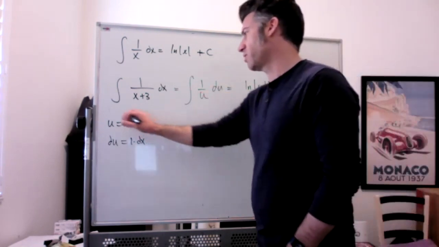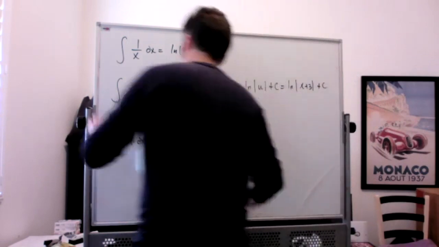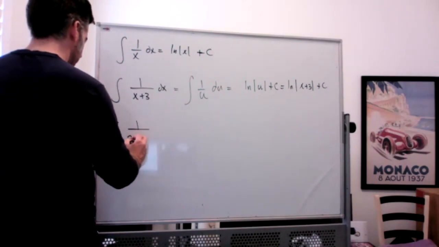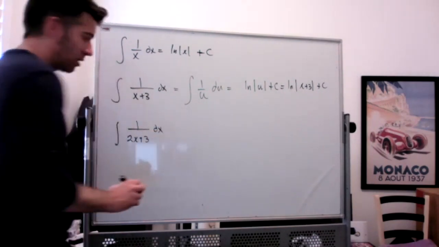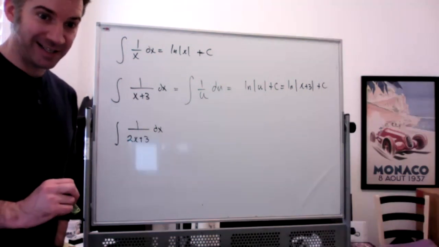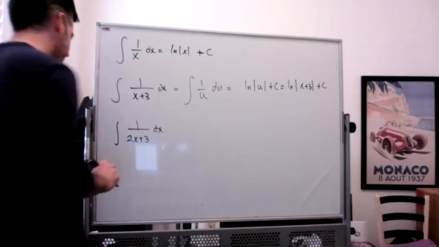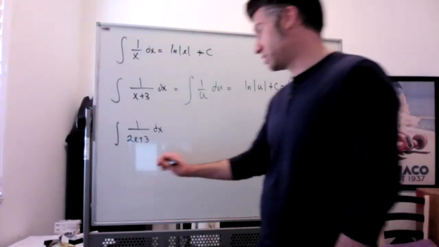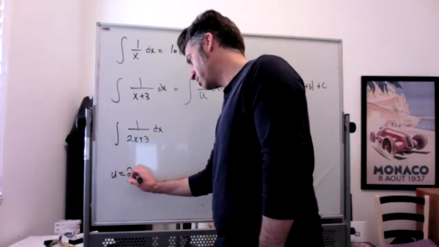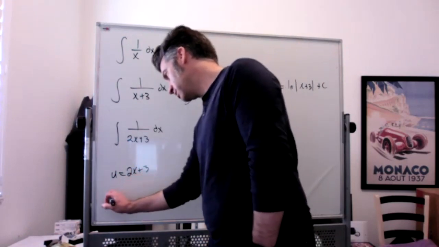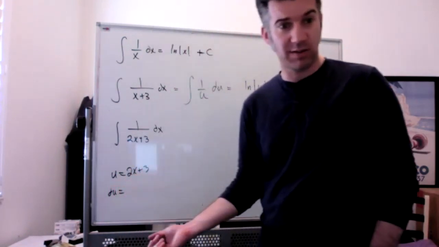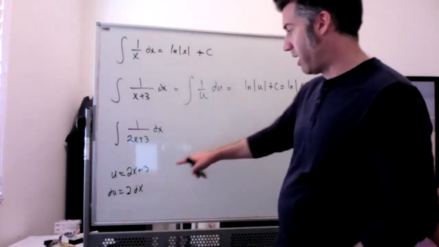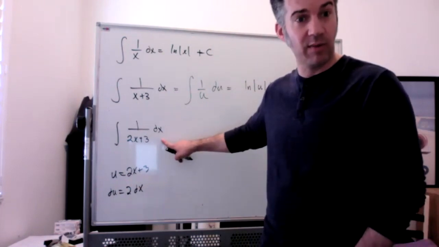What if the denominator was a little bit less nice? What if it was, say, the integral of 1 over 2x plus 3? Are there any guesses as to what we're going to get? Well, I'm thinking let's do u substitution. U is going to be the denominator. My du, the derivative of 2x plus 3, is just 2 times dx. And then I don't have a 2 dx, I just have a dx, so I'm going to divide both sides by 2.